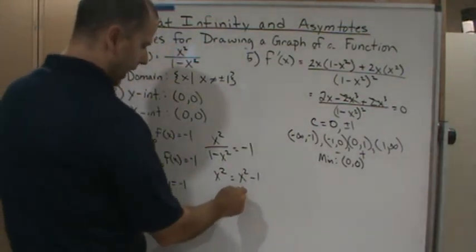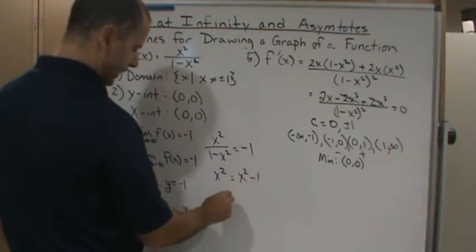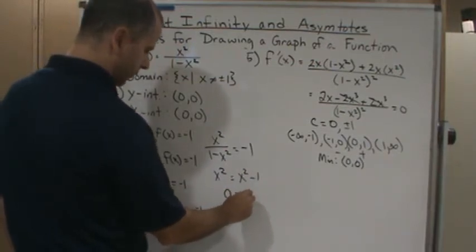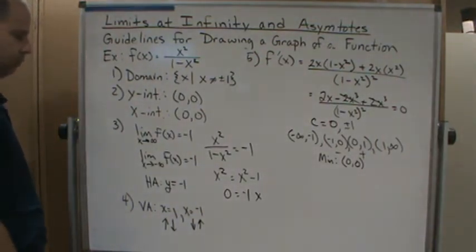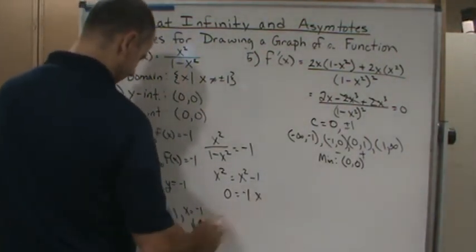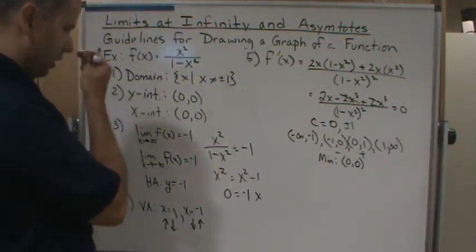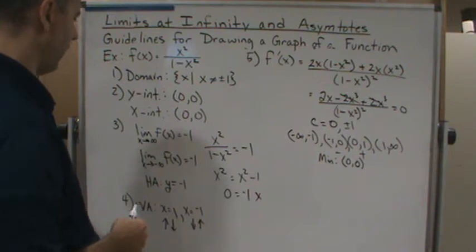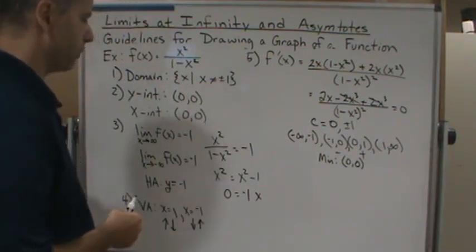Now if I subtract x squared from both sides, I get 0 equals -1, which is false. So that means I can't solve for x, so the graph of the function does not cross y equals -1, so that's good. Okay, so now I also got that information.